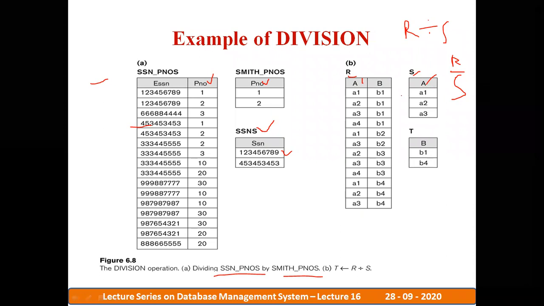Obviously A gets cancelled, so you are going to get B. Now A1, A2, A3, you can check how many times A1, A2, A3 has appeared. Here A1, A2, A3 has appeared with B1, so you have kept B1 here. Next, A1, A2, A3 has appeared for the value of B4. So B4 has appeared. This is how it should check every possible value. So the division operation is quite interesting.